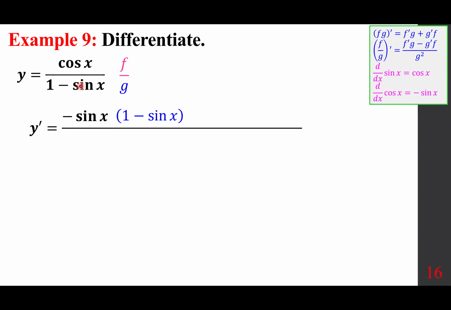It's minus cosine x because the derivative of sine is positive cosine. So this gives you negative cosine x times f, the numerator is cosine x. And just write the denominator and square that. So put it in parentheses and square it. That's all you have to do.